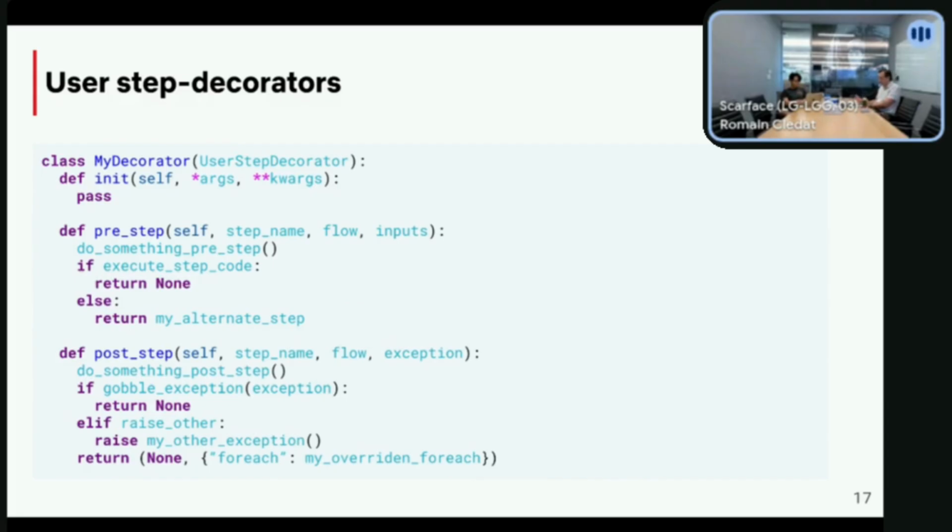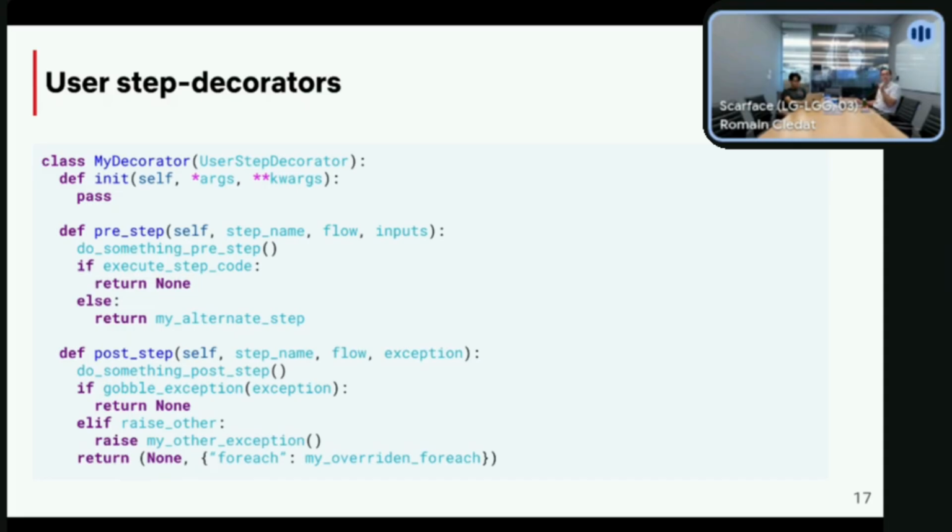During these pre and post steps, you do have access to the step itself through the flow argument, which gives you access to all the artifacts within the step. You also have an optional init, which allows you to replace the __init__ and do something when the decorator is created.